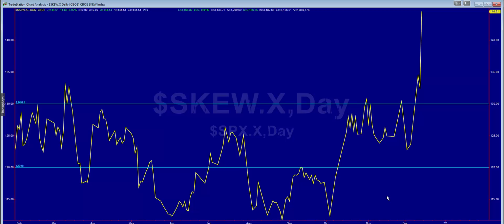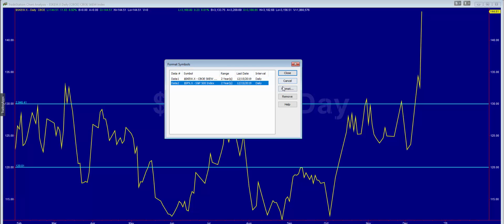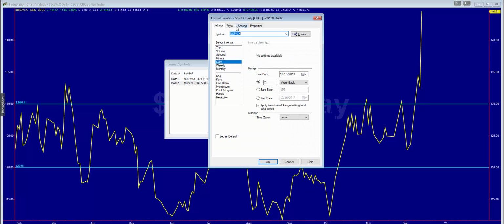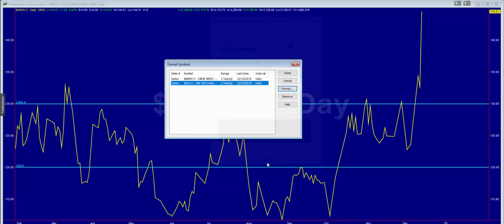What that means to us is that the smart money, and let me bring into view the SPX, is doing just the opposite of what the media and the talking heads would have you believe is going on in the market. Now we're going to paint the SPX a green line, and you're going to see it come into view here in a moment.